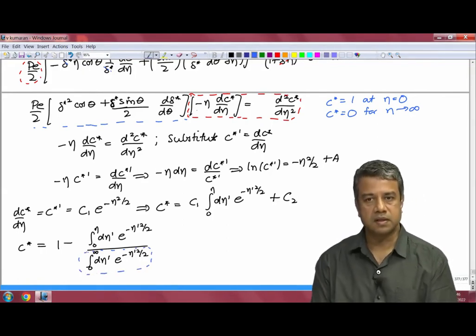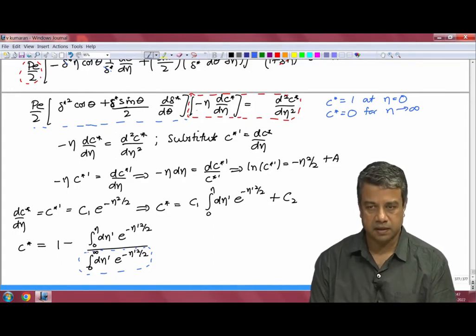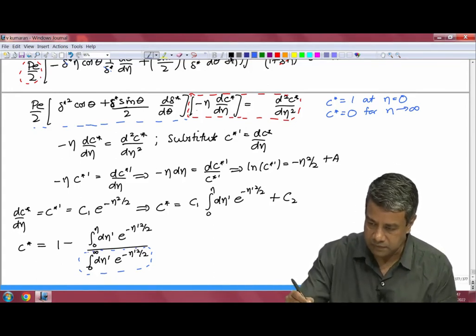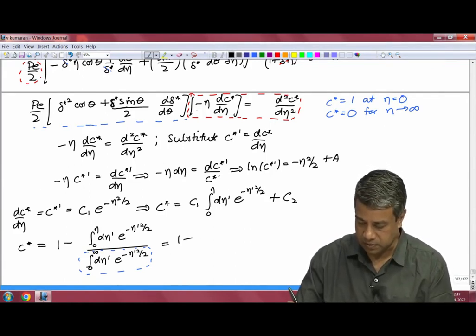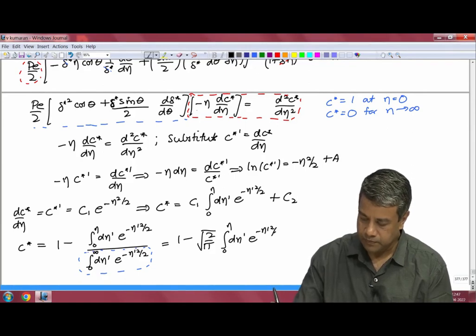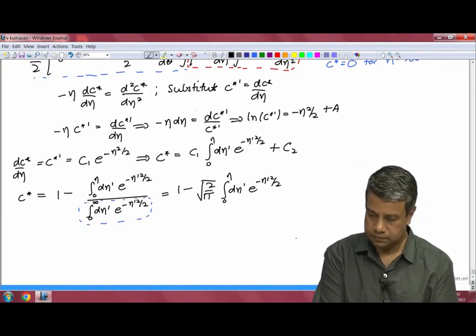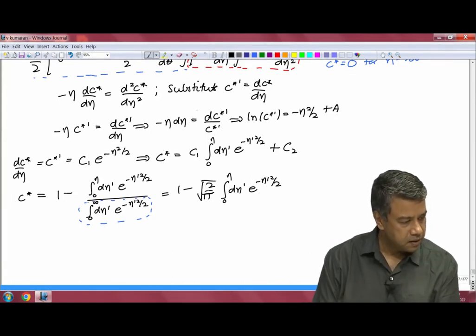This is an error function which we had evaluated earlier, and the numerical value of this is root of pi by 2. So, you get 1 minus root of 2 by pi. So, this is the expression for the concentration field.